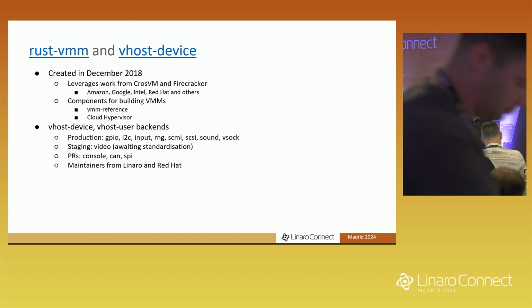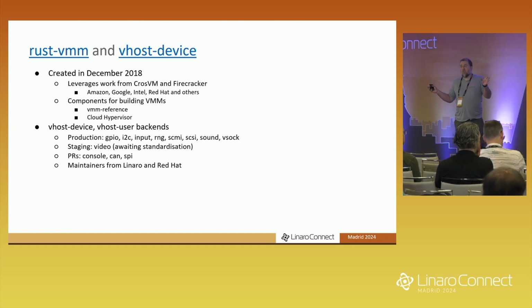So the vhost device repository is part of the Rust VMM project, and that is a repository of VirtIO device backends. So currently, now in production, we have GPIO, I2C, VirtIO input, random number generator, SCMI, which is a management interface for ARM, SCSI, sound, and VSOCK, which is a generic Unix socket transport that operates over VirtIO.